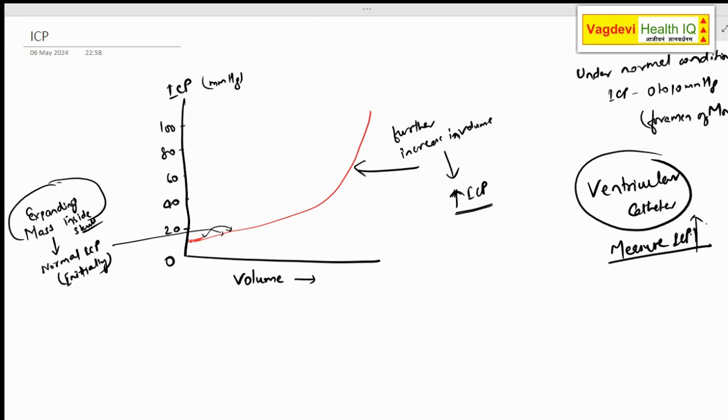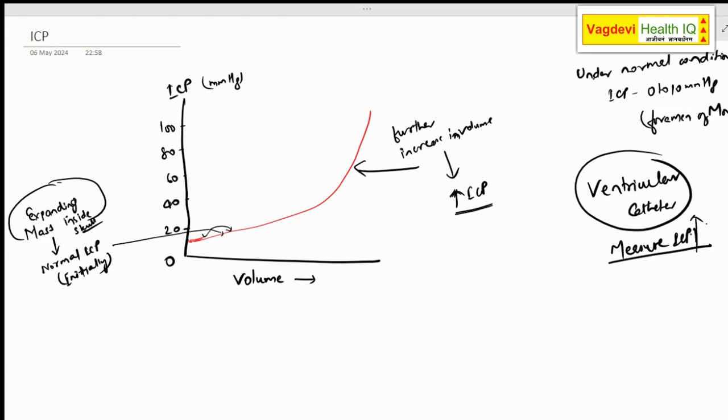Now you understood that point. As the intracranial mass expands, compensatory reserve diminishes, so pressure elevations become more and more obvious as the pressure increases.